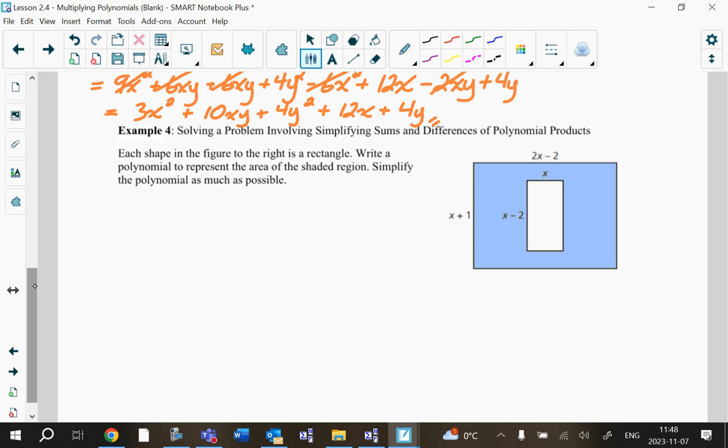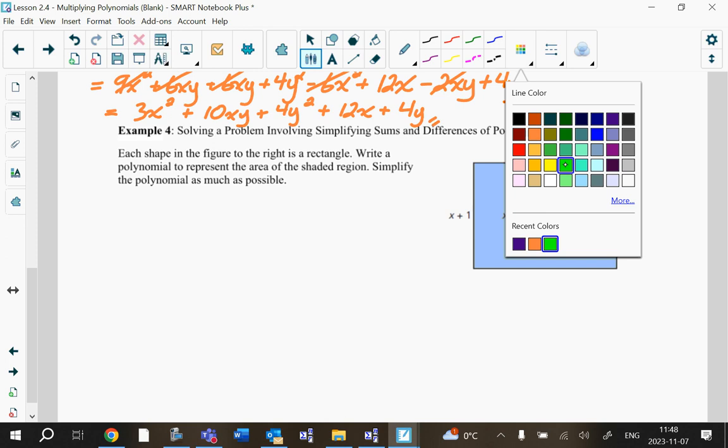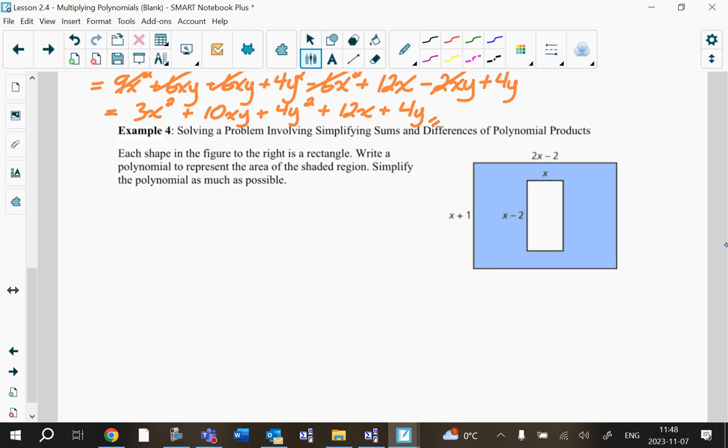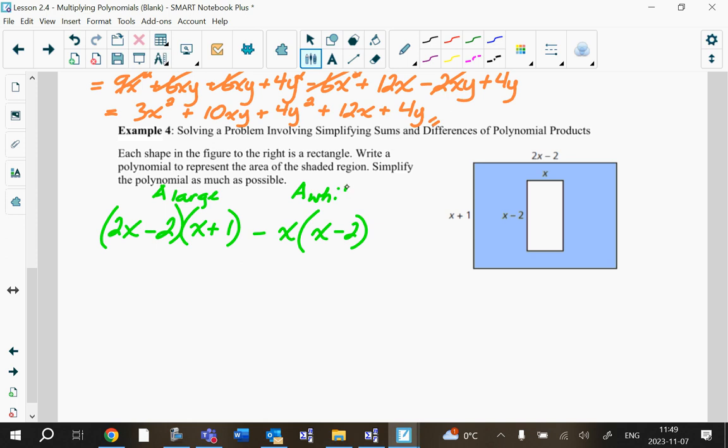In other words, 2x minus 2 times x plus 1, that's the area of the large. Minus x times x minus 2, that's the area of the white.